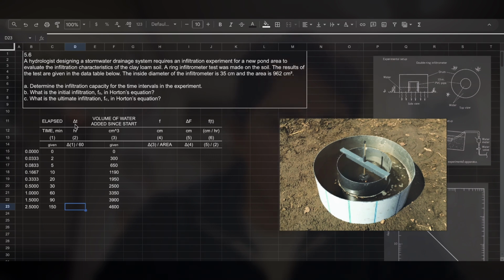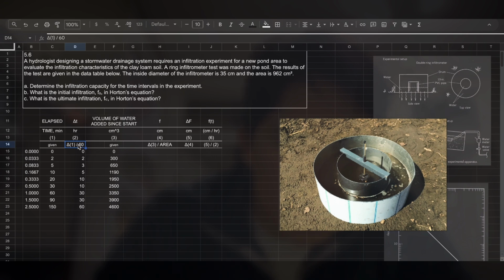And in this column, we want to solve for the change in time, so each interval. For the first one, it's going to be 0, and then each one is the timestamp minus the previous timestamp. We do that all the way down, and we have these time interval differences.